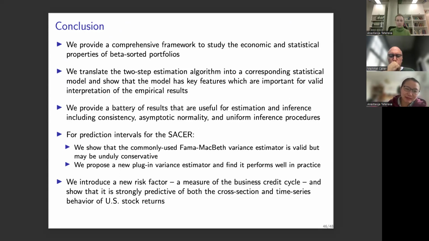We provide a battery of results useful for estimation and inference, including consistency, asymptotic normality, and uniform inference procedures. We provide prediction intervals for CASER, and we show that the commonly used Fama-MacBeth variance estimator is valid but maybe unduly conservative. We propose a new plugin estimator and find it performs well in practice.